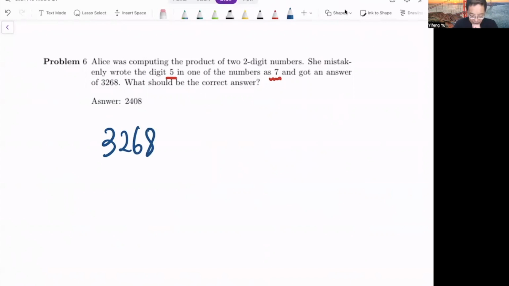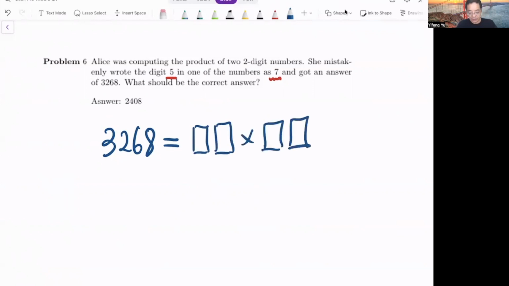Now, let's see what the problem really means. Well, you see, this basically tells us we want to write this number as the product of two-digit numbers, right? And one of them contains digit 7, because by mistake, you loaded the 5 in the original one as 7. One of them has a 7, has digit 7.